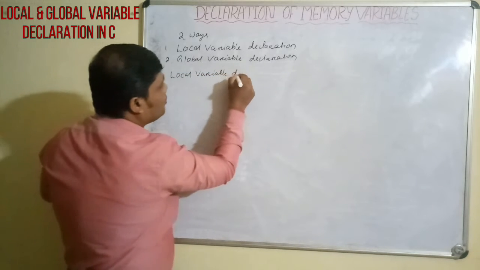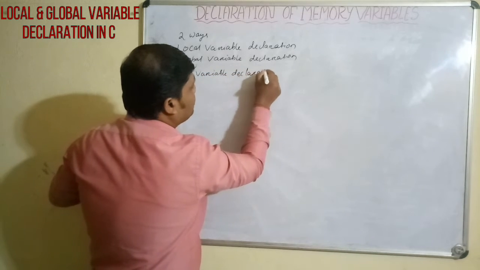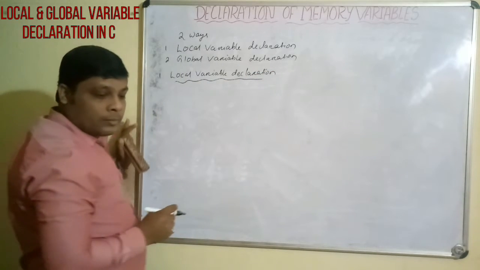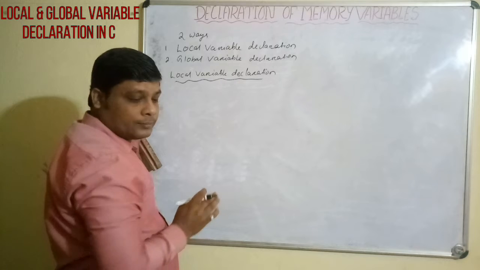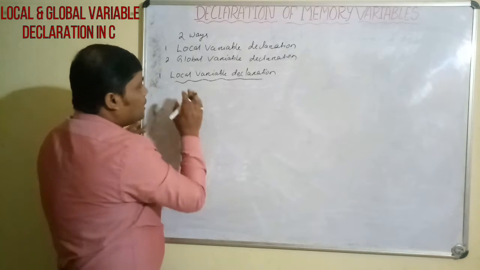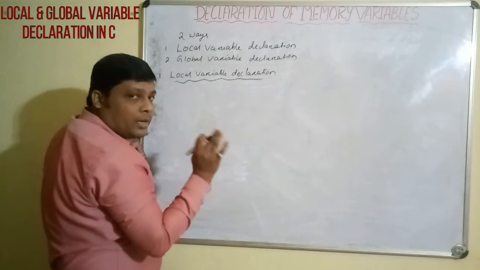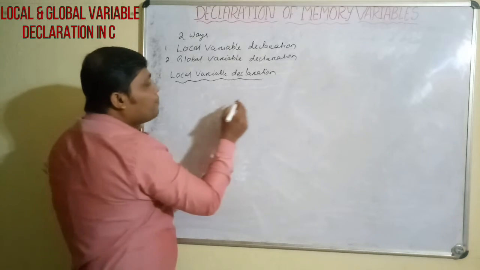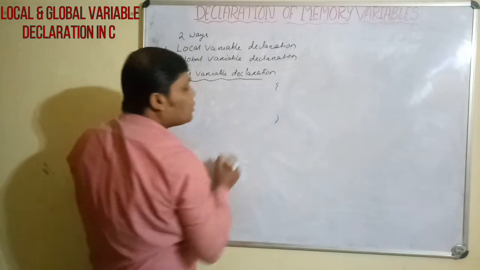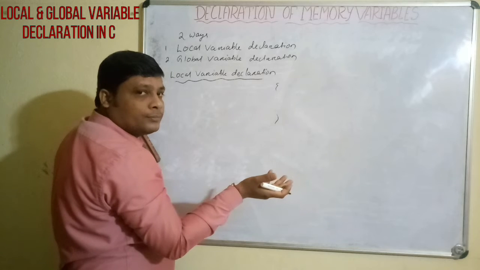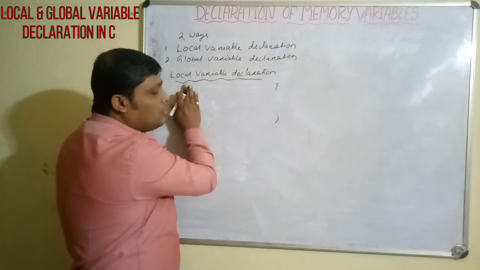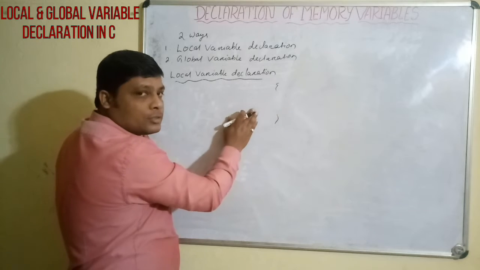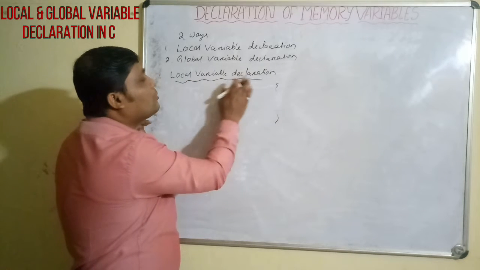Local variable declaration. If any variable is declared within a block or within any function, that is called local variable declaration.